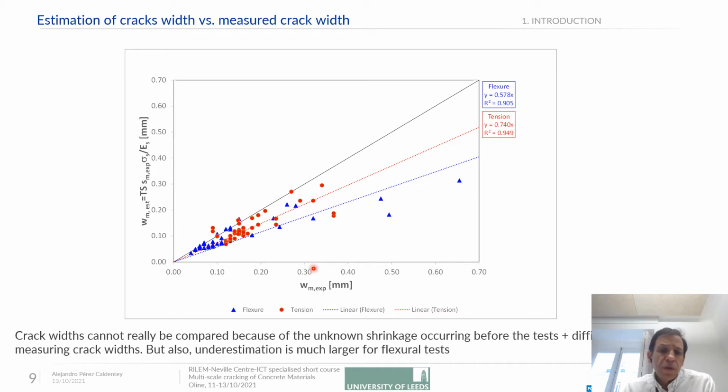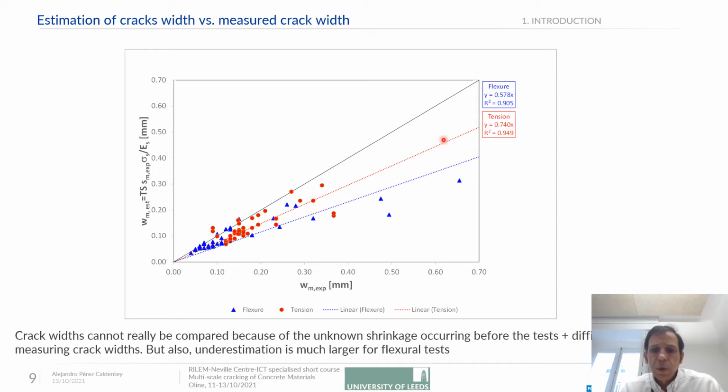The reason for this is most likely shrinkage, which occurs prior to the test and which is normally not reported in the databases, and which would lead to measuring not only the actual crack width, but also the release of the compression strain in the reinforcement due to the shrinkage occurring prior to the test.